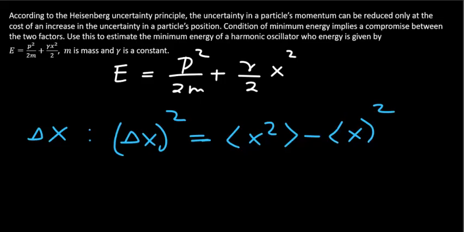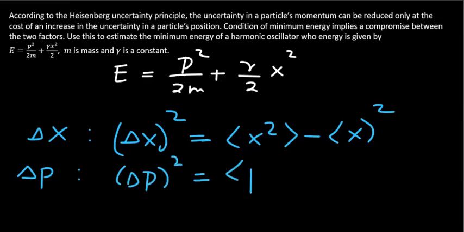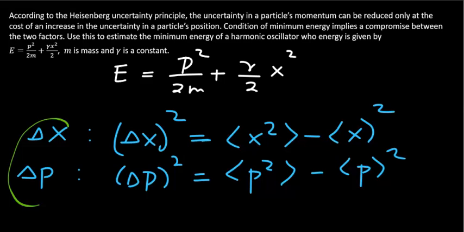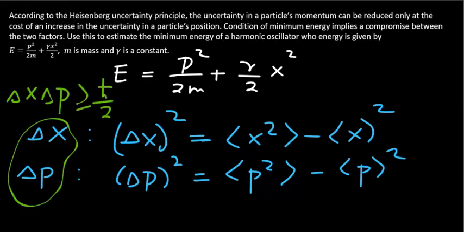There is also a non-zero momentum uncertainty defined similarly, like that. It is these two quantities that we see in the Heisenberg uncertainty relation.